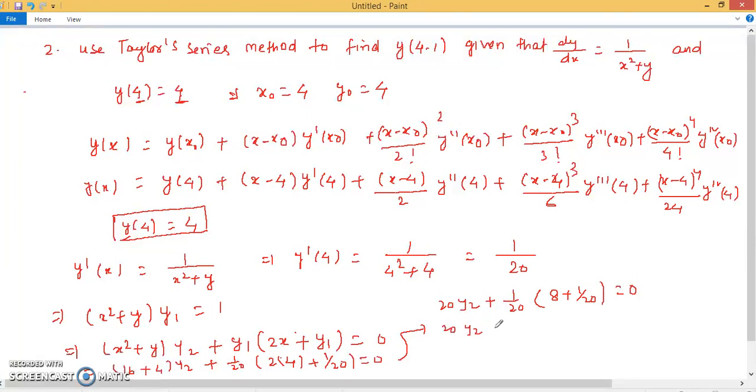So 20 y2 plus 161 by 20 is equal to 0, so 20 y2 is equal to minus 161 by 20, and dividing by 20, y2 at 4 we'll get the value minus 0.02012.